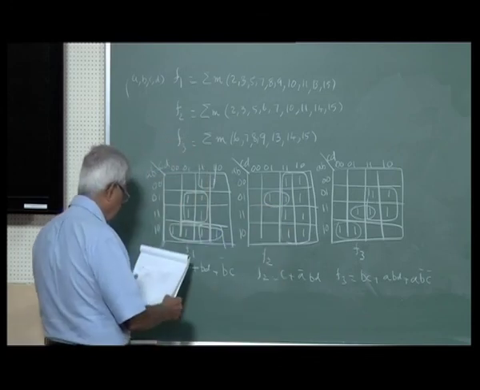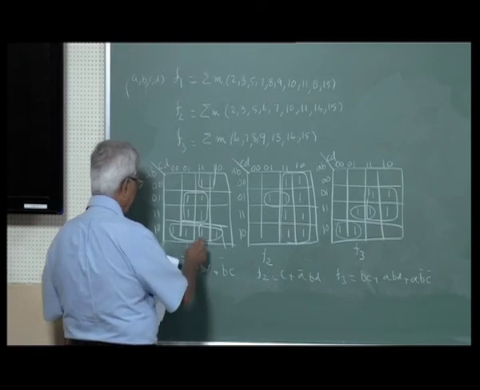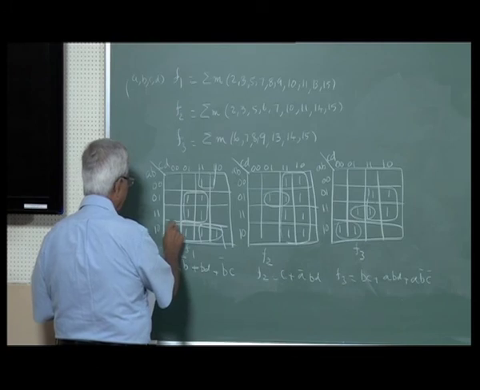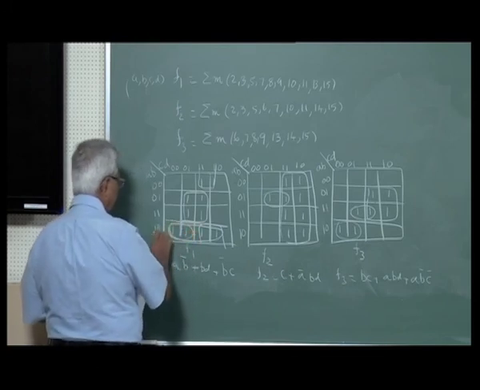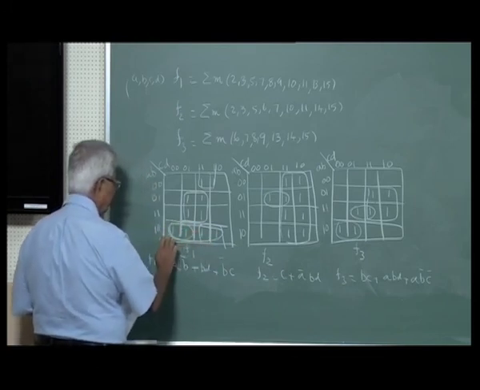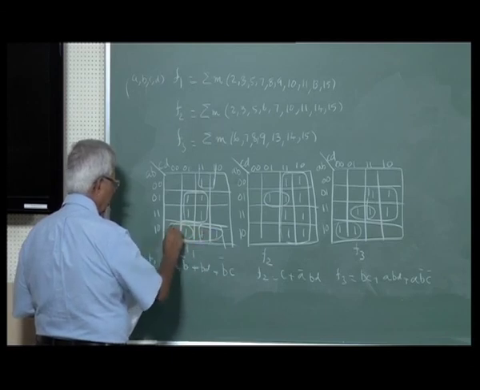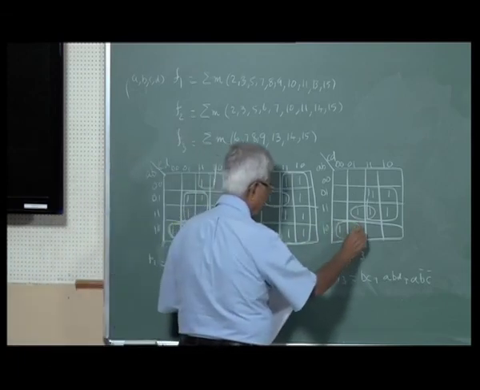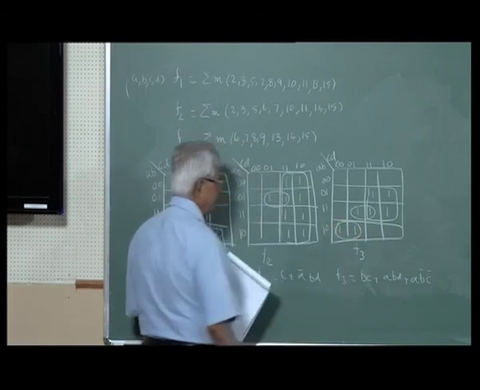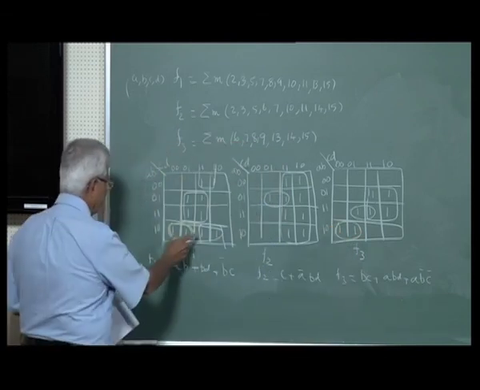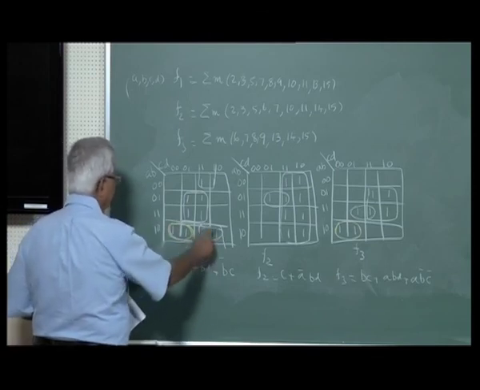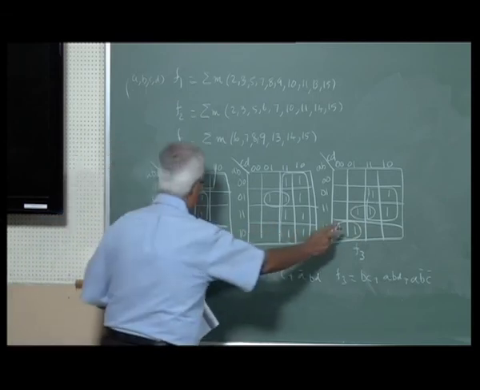Whereas here what I am going to do is, I am going to keep this and do this as one. Instead of grouping all the four ones, I am going to group these two ones because these two ones are already grouped and this. So these two have common product term. If instead of this 4 together, I only do this and do this, I have this and this common.